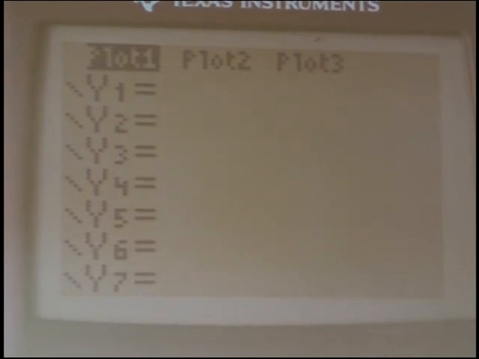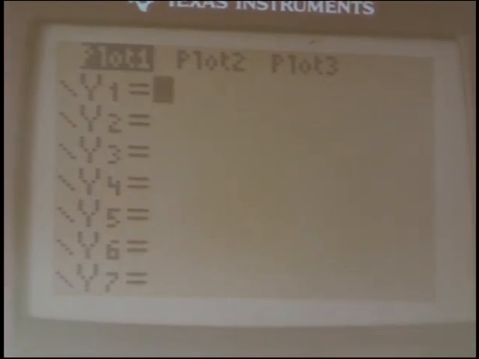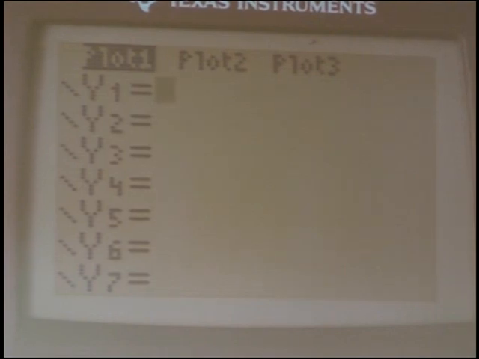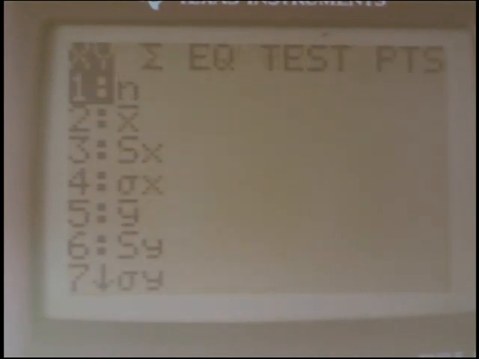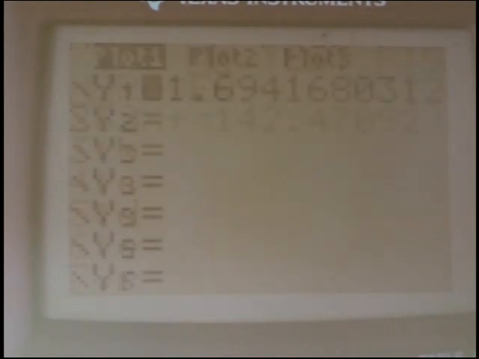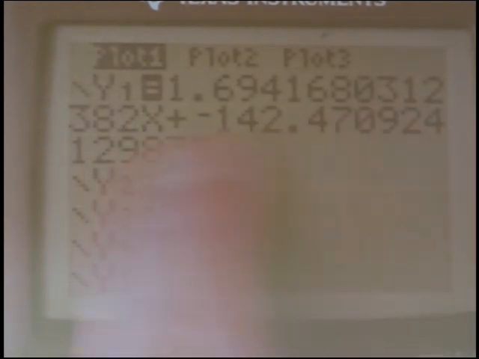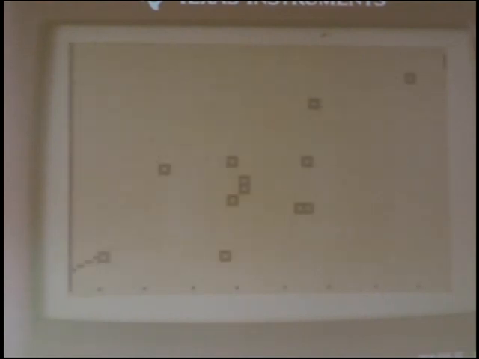Once you are right here, you hit vars, that's right next to your clear button. You go down to number 5. You do 2 right-hand arrows, and enter, and then graph. And at this point, you can see that the calculator grabbed that regression equation from the home screen and stuffed it into the equation editor. And then graph, and it'll graph the line with the scatter plot.